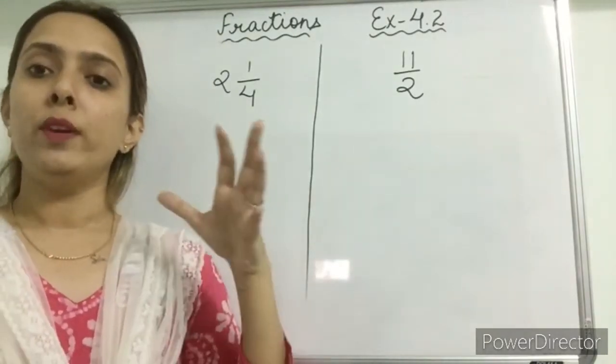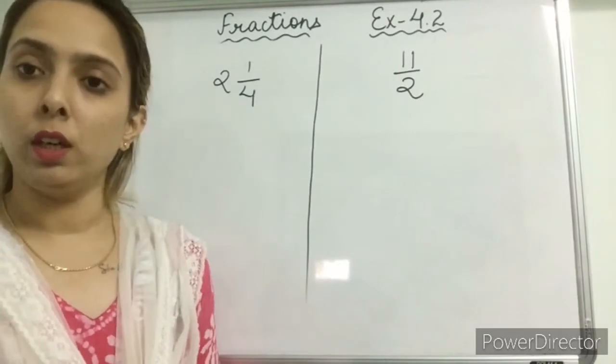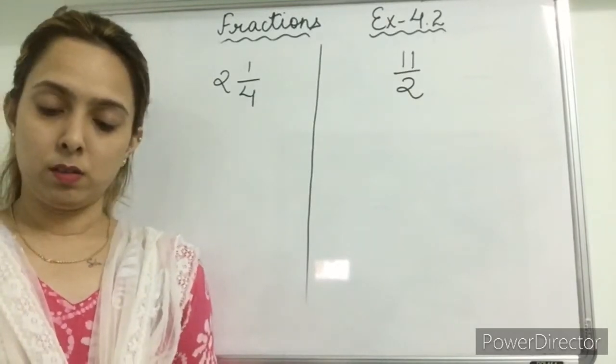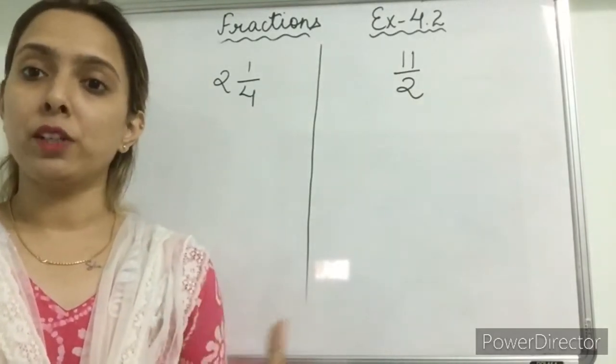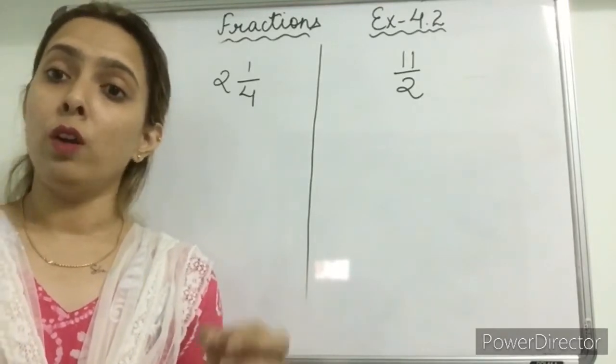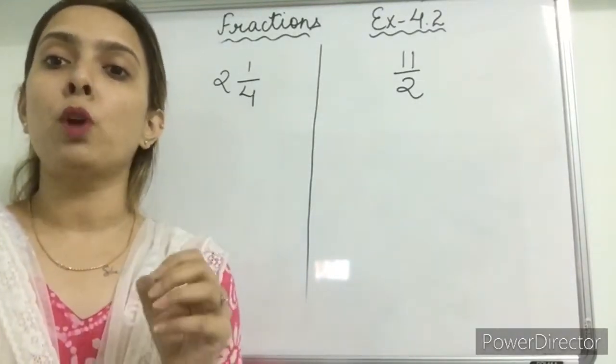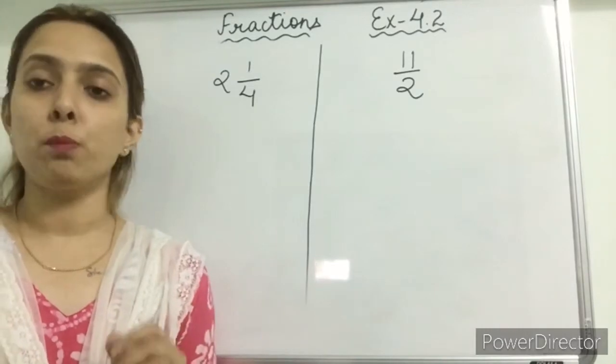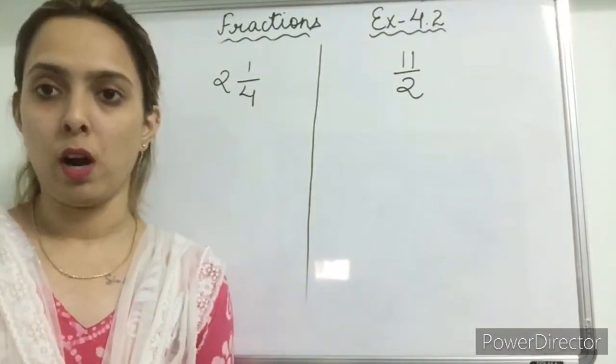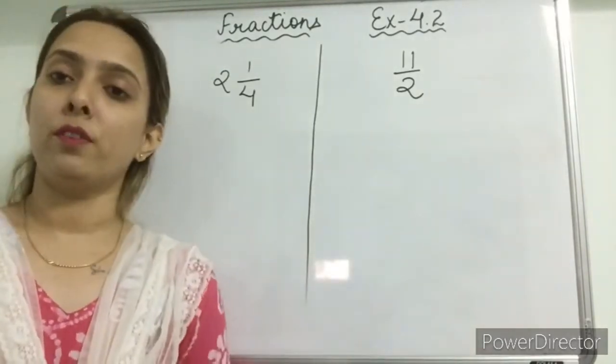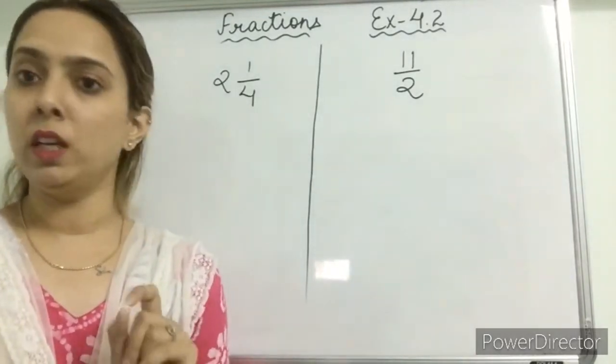If you want to convert a mixed fraction into a fraction, it will always be converted into an improper fraction. हमेशा mixed fraction improper fraction में ही convert होगा और हमेशा improper fractions mixed fractions में ही convert होंगे.